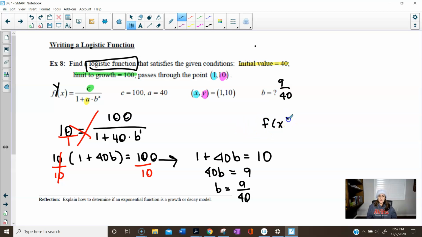It is f of x equals 100 divided by 1 plus, you will plug in A, which is 40. You will plug in B, which is 9 over 40, and you will raise it to the x or t, whatever. We did f of x, so it would be x. If this were f of t, you'd put in t.